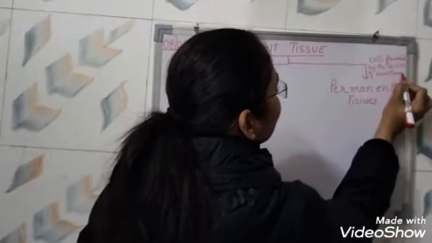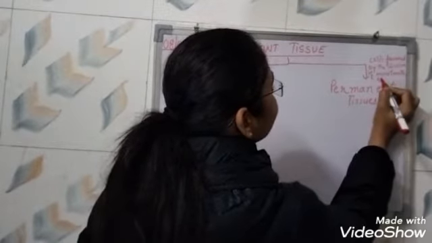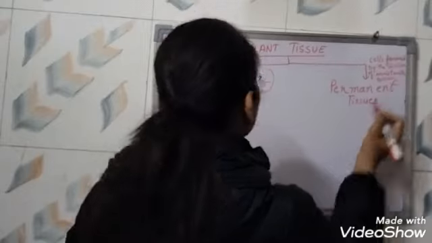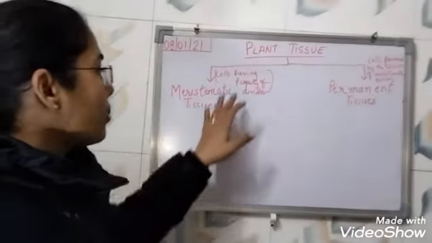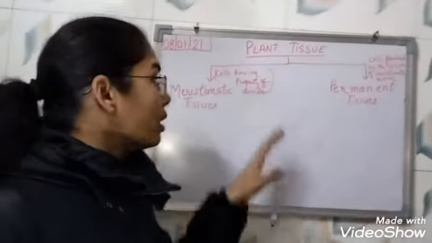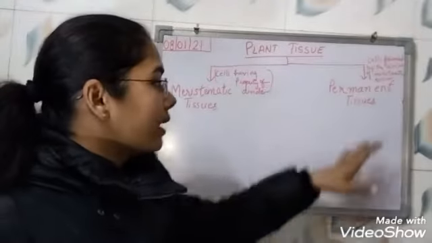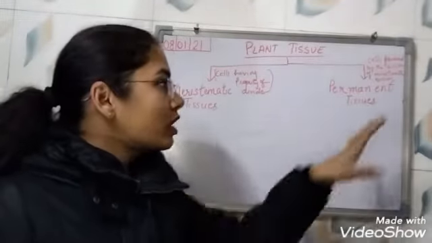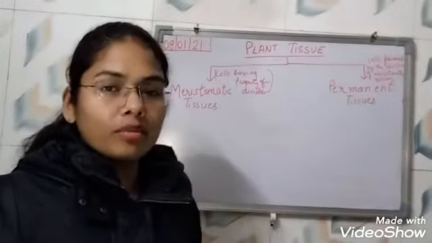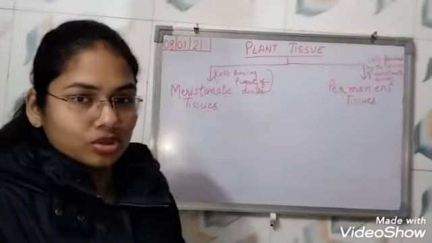Understand how they form. These meristematic tissues form when the cells have the property of division, and the permanent tissues are made up of those cells which are formed by the division of meristematic tissue.